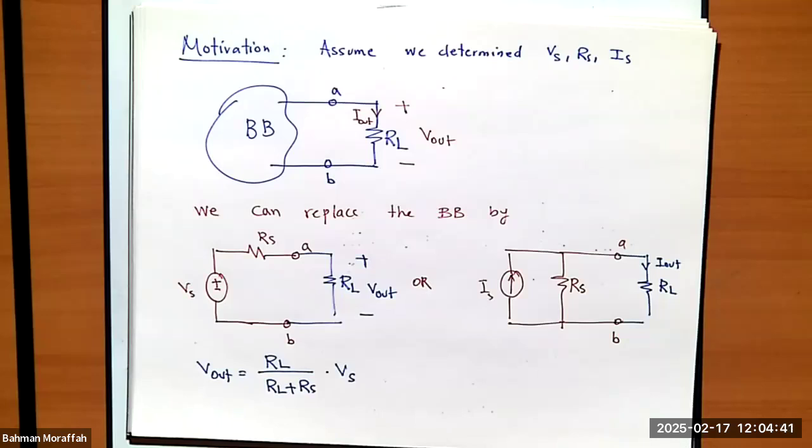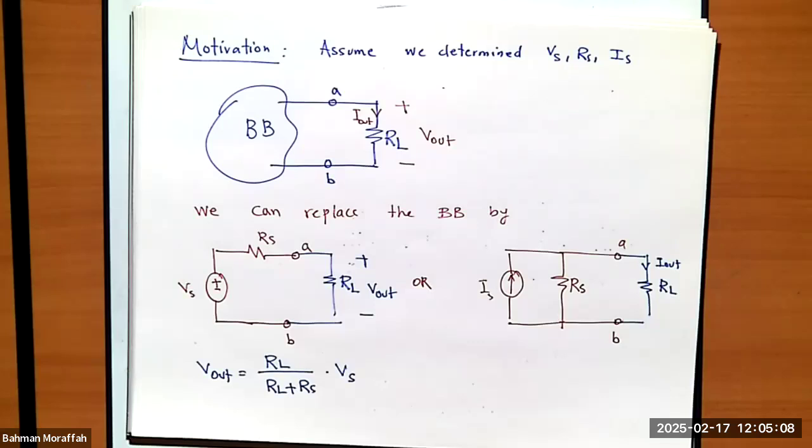But for a second, let's just assume this RL is much, much bigger than this Rs. For example, RL is like 10K, and Rs is 1 ohm. What happens? Well, obviously, this term RL dominates this Rs because it's much bigger.